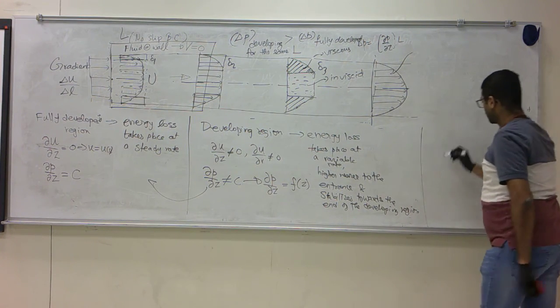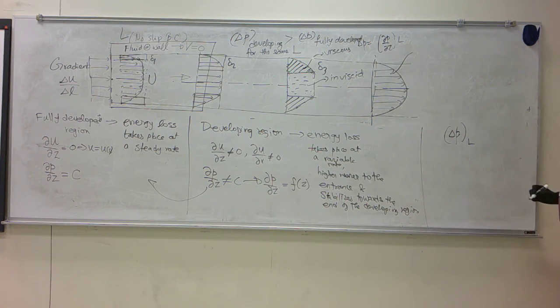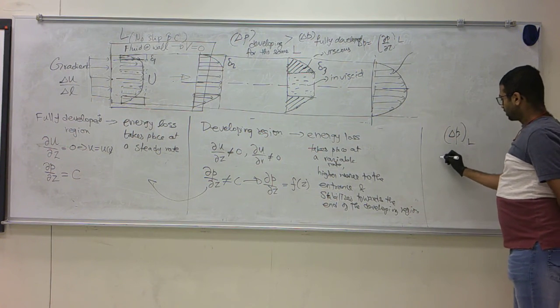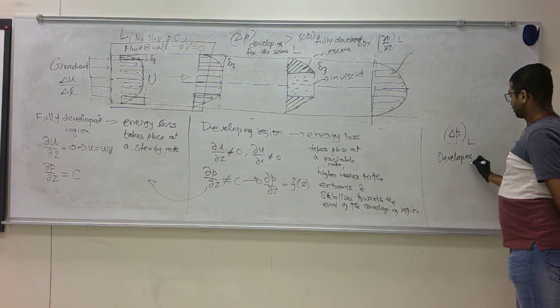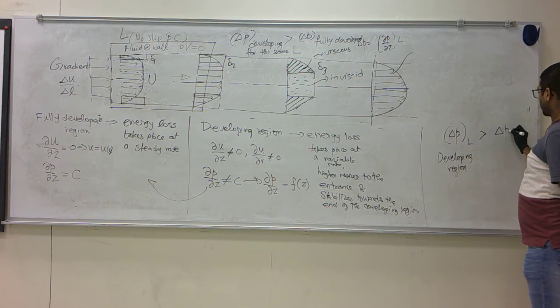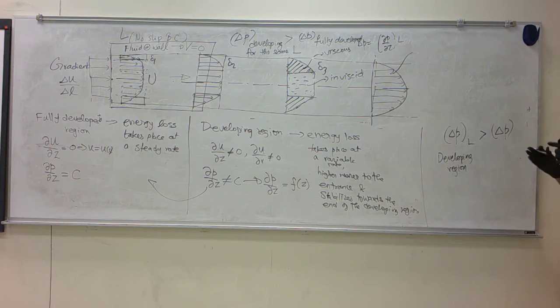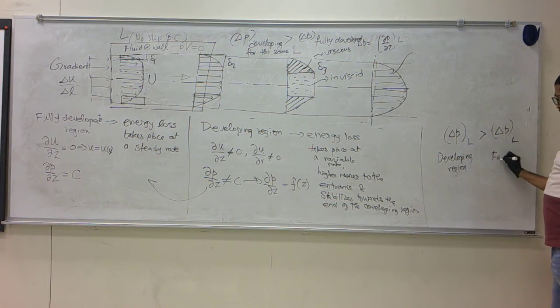Lastly, the pressure drop across a length of pipe in the developing region is greater than the pressure drop across a same length of pipe in the developed region.